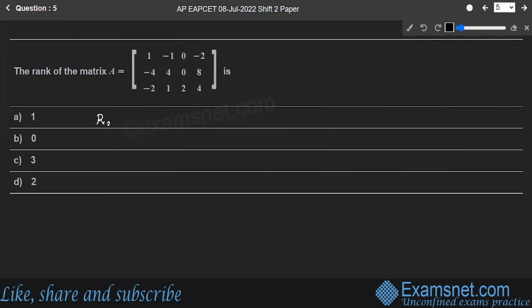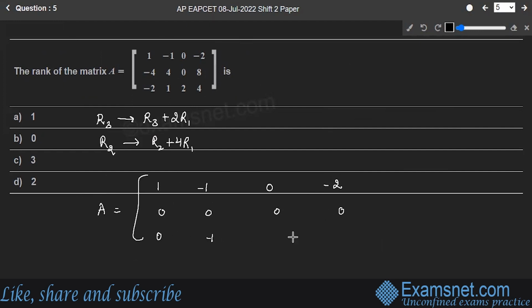First, R3 can be written as R3 plus 2R1, and the second transformation will be R2 can be written as R2 plus 4R1. Right? After applying this transformation, the matrix A will become 1, minus 1, 0, minus 2, 0, 0, 0, 0, 0, minus 1, 2 and 0.